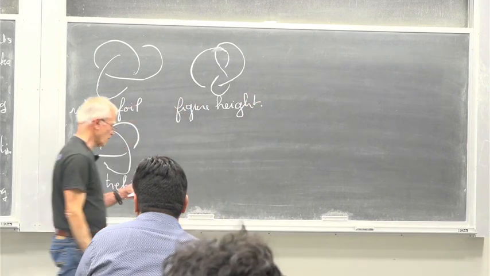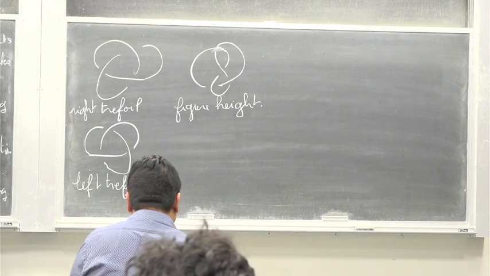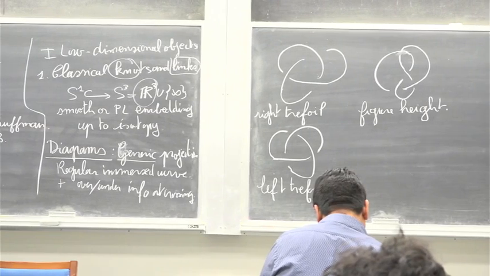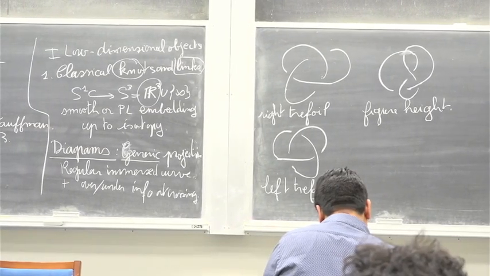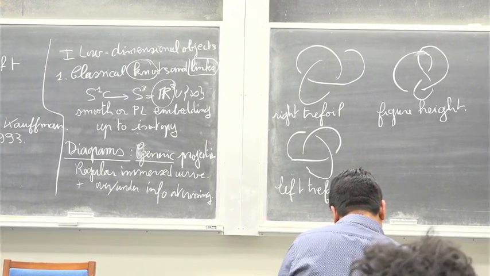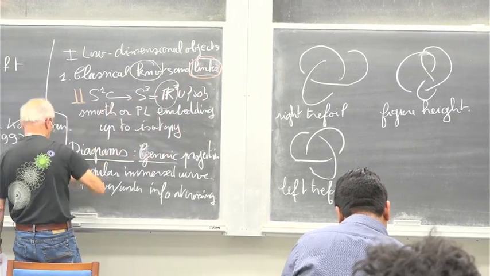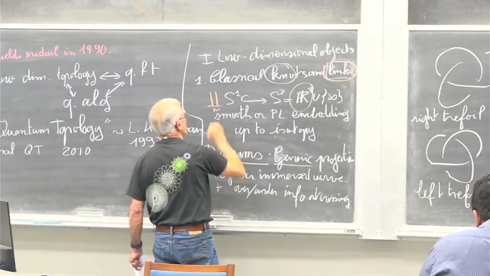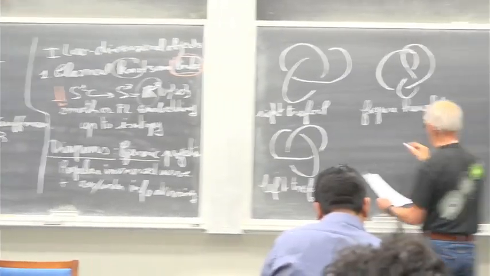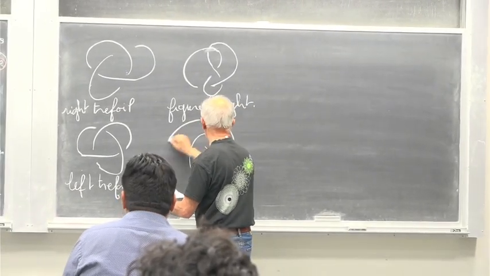And we like also to do links. So for links, you put several copies. When you do links, you will have a bunch of M copies of S1. And then an example of a link can be like this. This will be the Whitehead link.